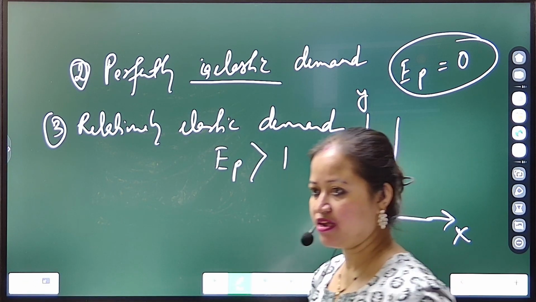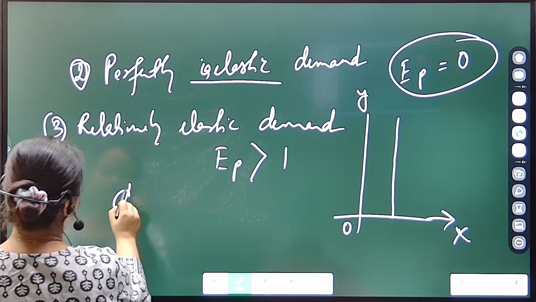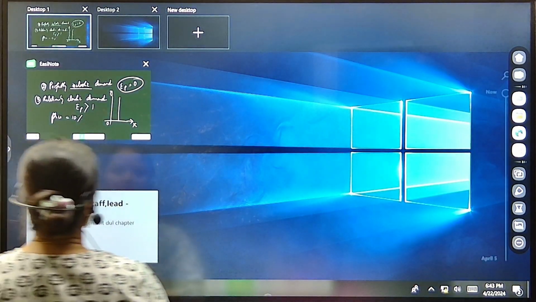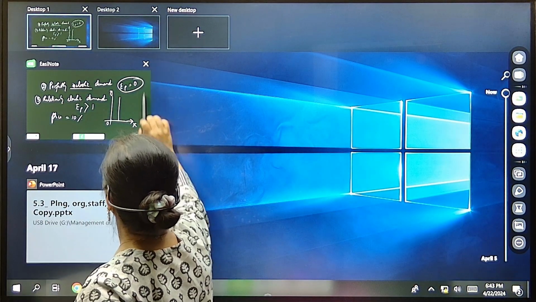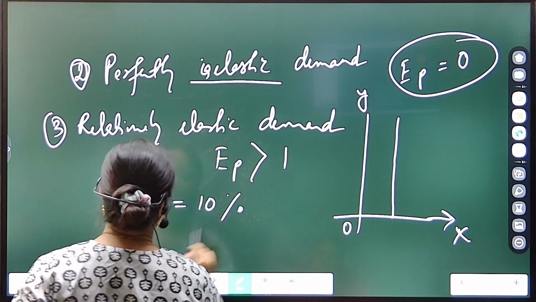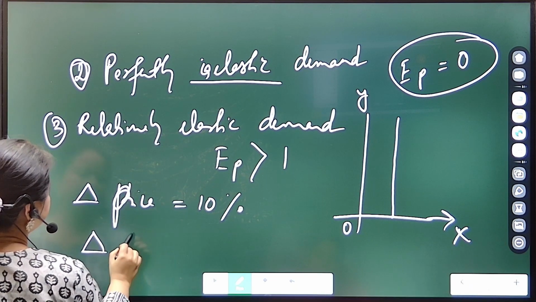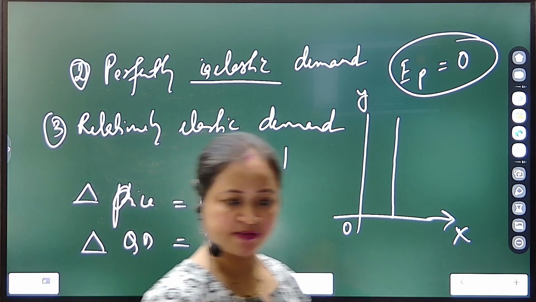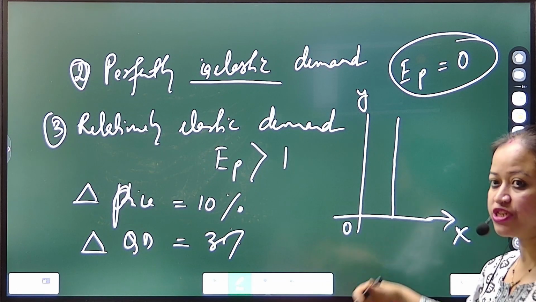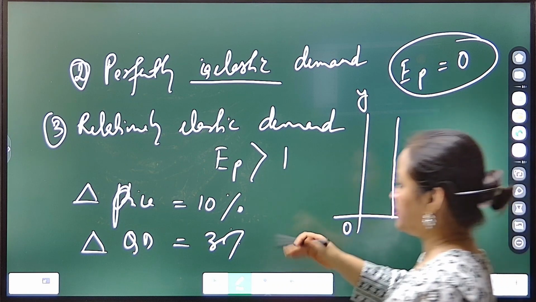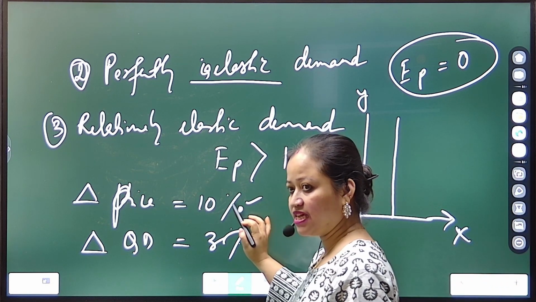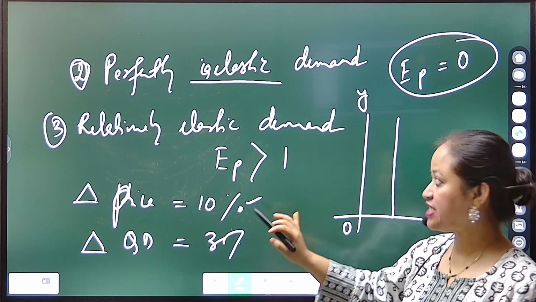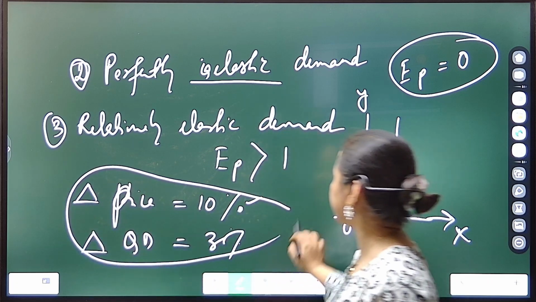Suppose change in price is 10%, but change in quantity demanded is suppose 30%. So proportionately, demand has increased more. There is a change in price, but proportionately the change in demand is more. Fine? So that is the case of relatively elastic demand.